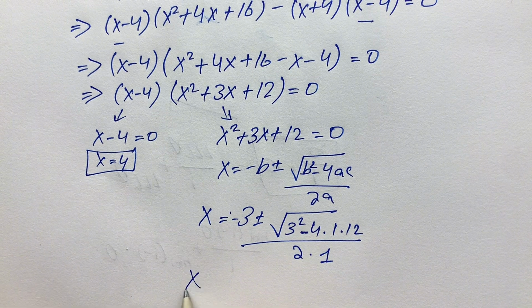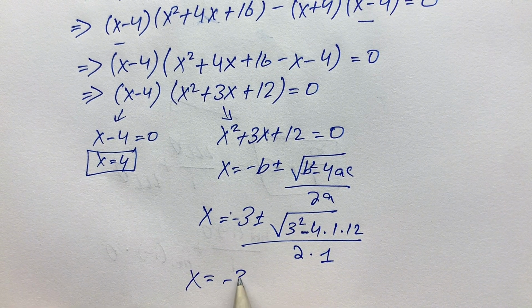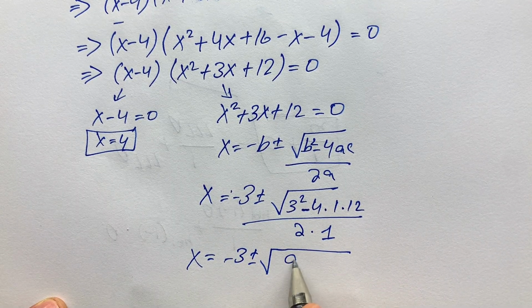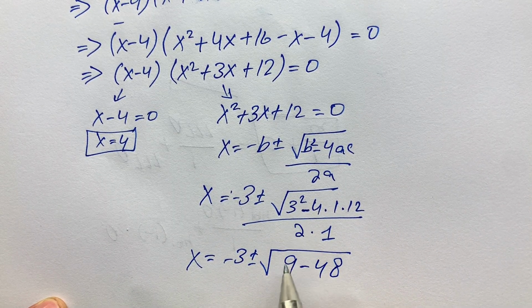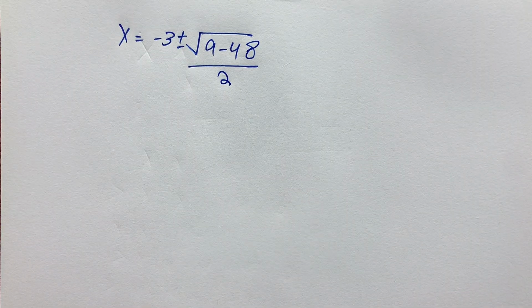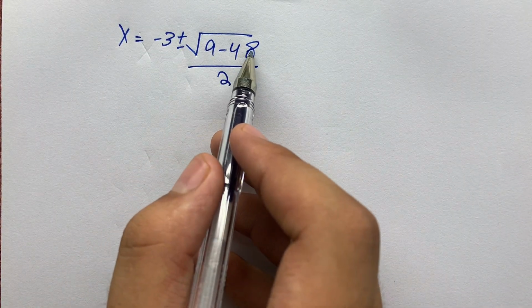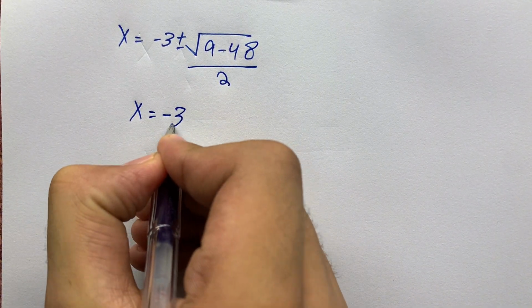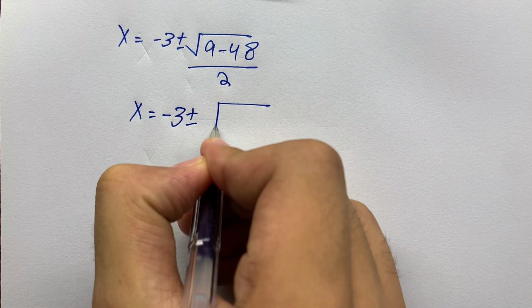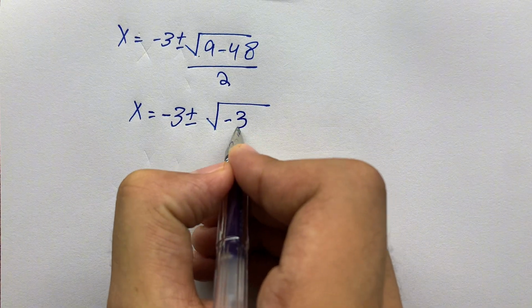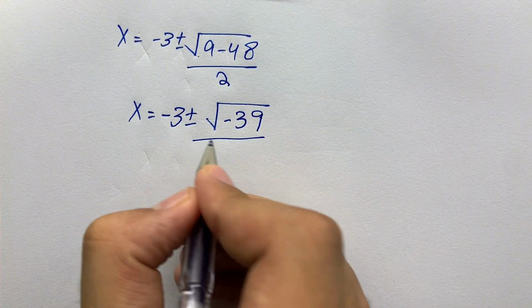Now x is equal to minus 3 plus minus the square root of 9 minus 48, where 3 squared is 9 and 4 into 12 is 48, divided by 2. Now we solve 48 minus 9, and we write the same x is equal to minus 3 plus and minus under the root of minus 39, divided by 2.